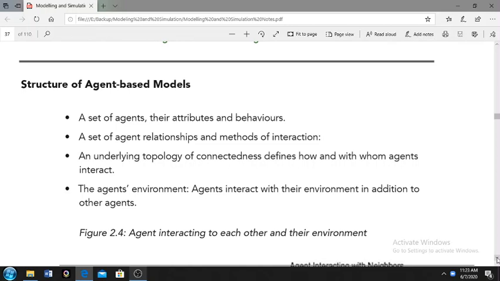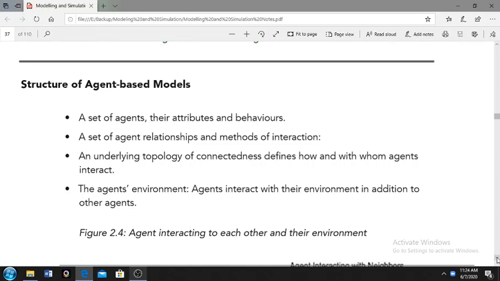Structure of an agent-based model. What is the structure of an agent-based model? It has a set of agents, their attributes and behavior. So agents are the objects, the attributes are what characterize them, their states, and then their behavior.